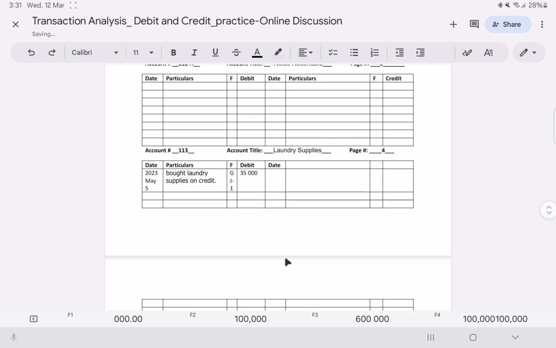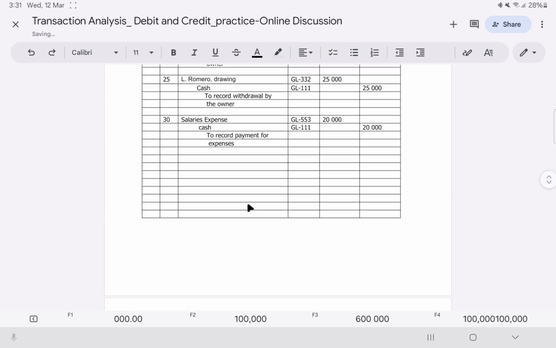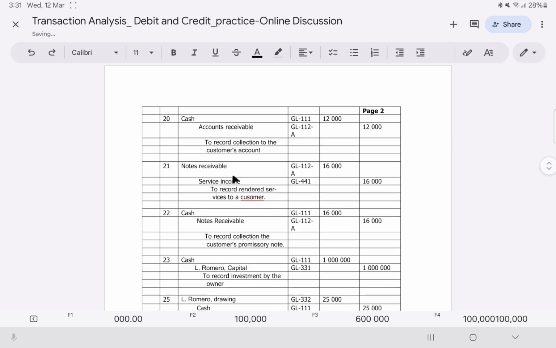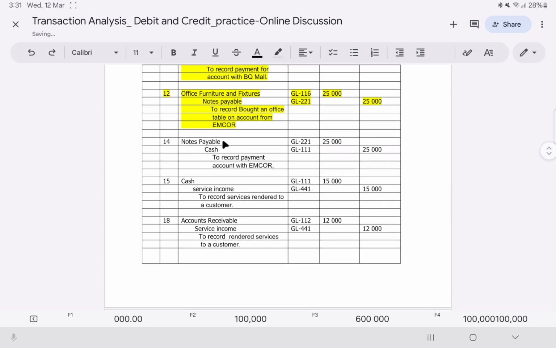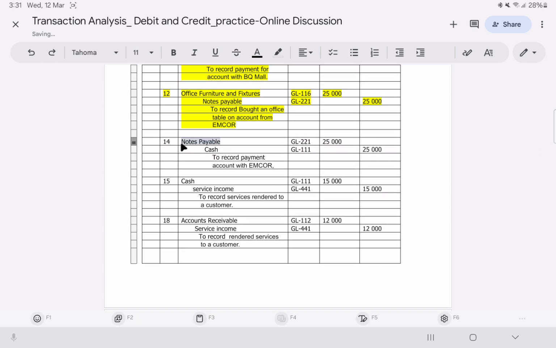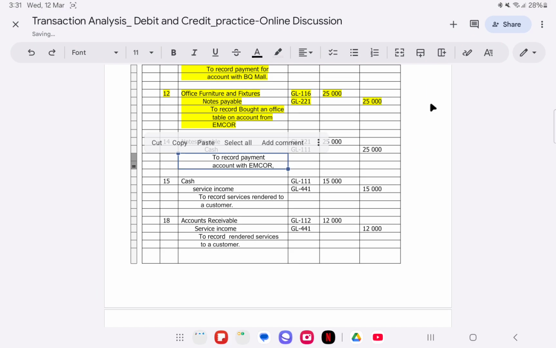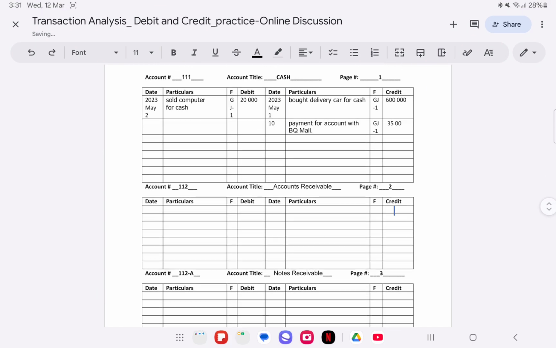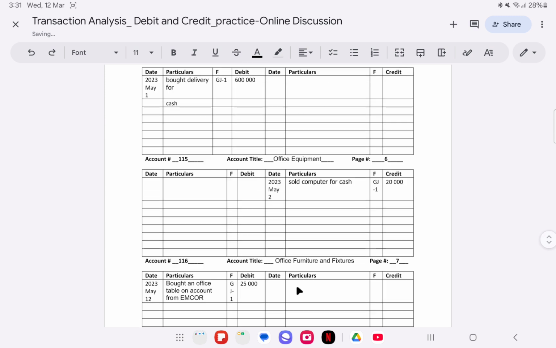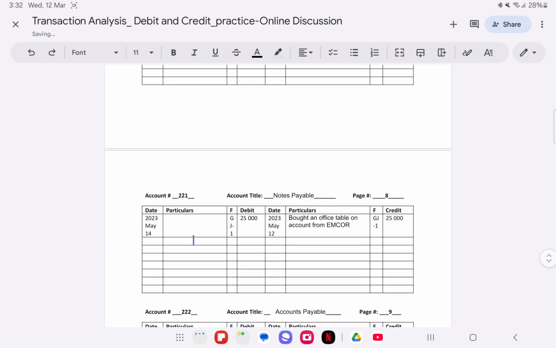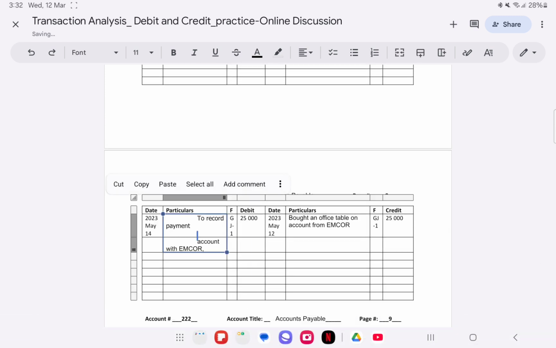Okay, so the explanation: notes payable, to record.